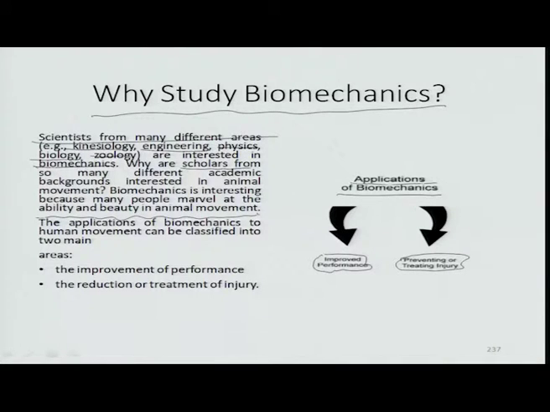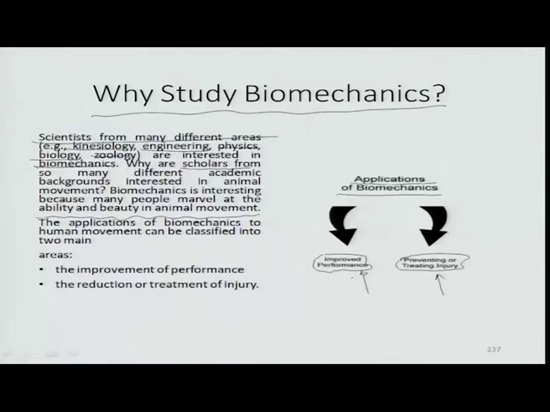Movements could be related to animals, movements related to any bio-inspired system, and then we apply such movements as and when necessary to broadly improve one's day to day performance in terms of motions executed by the human body, or in terms of prevention and treating injuries.